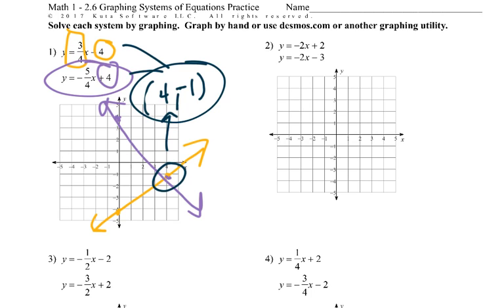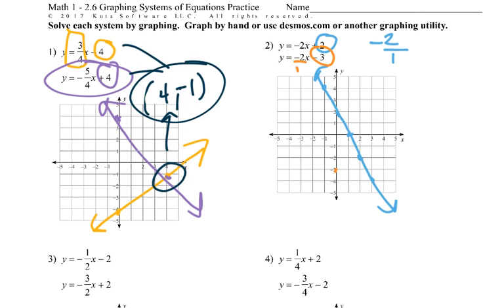Okay, let's look at number 2 now. So we start out with a positive 2. A slope of negative 2 is like negative 2 over 1. So we go down 2 to the right 1, or we could go up 2 to the left 1. Then the second equation, we start at negative 3.